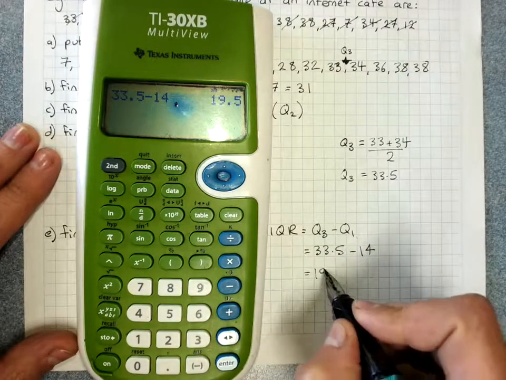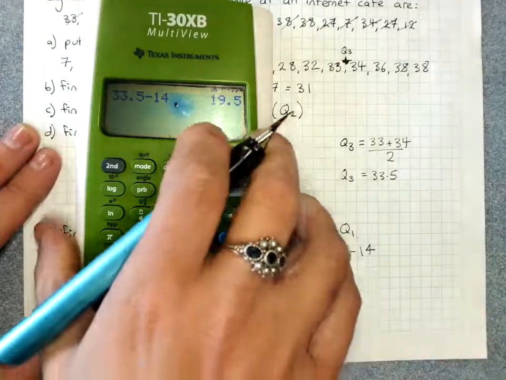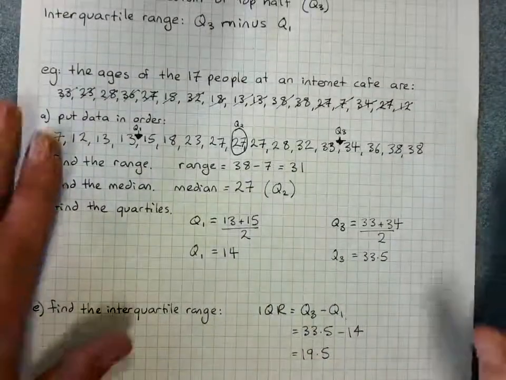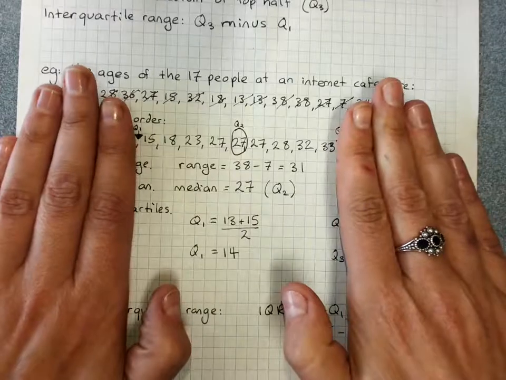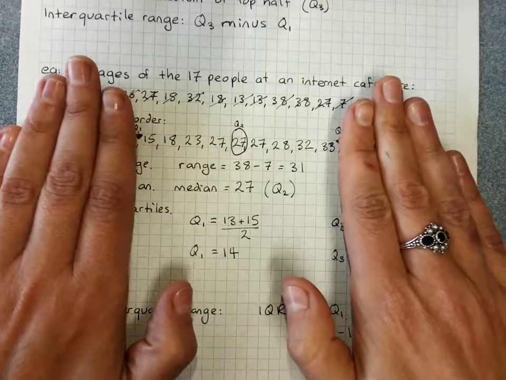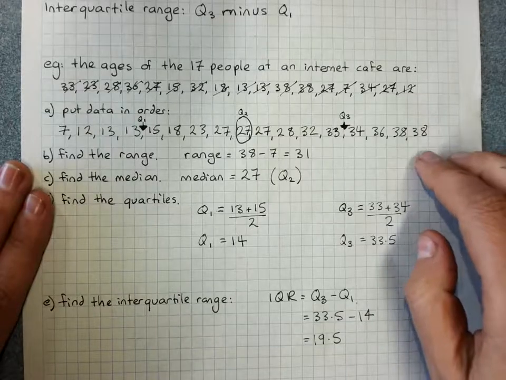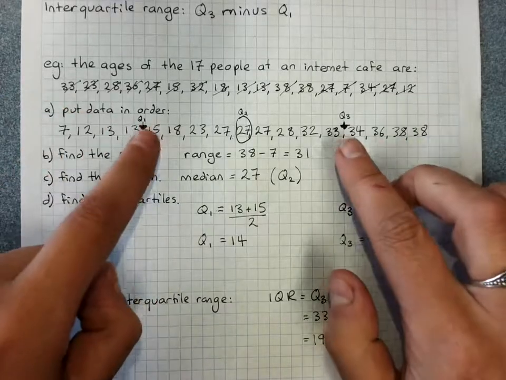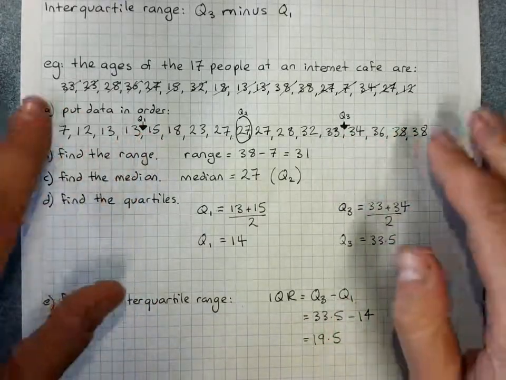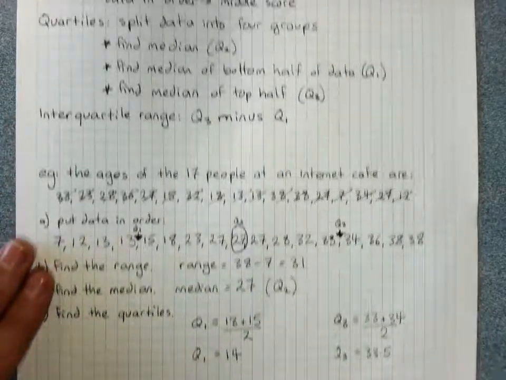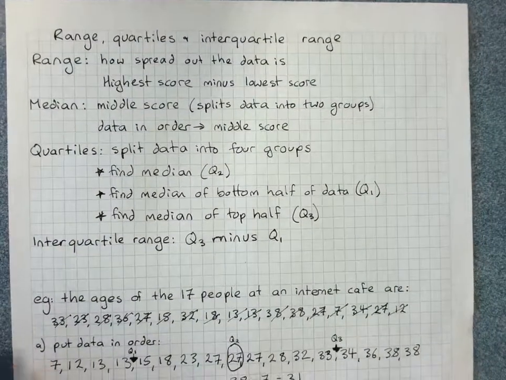That's 19.5. And that says if we're just looking at the middle half of the data, how spread out is that middle half? And it's quite useful in case we had some really big outliers for just saying, hey, what's the middle half looking like without all those outliers? So that is range, quartiles and interquartile range.